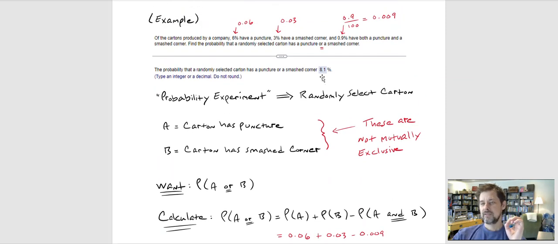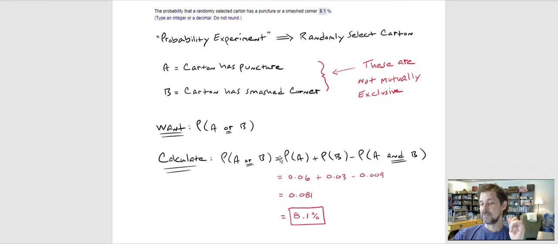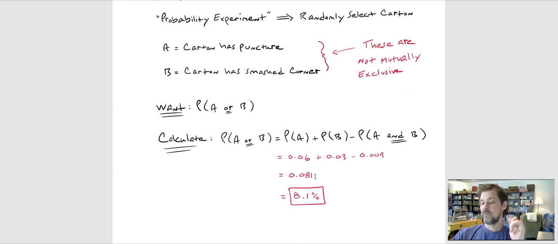But I notice on this question that when I put my answer in, it says percent right there. It's got the percent sign right after where I put my answer. So 0.081, well that's 8.1%. Converting the decimal back to the percent, I move the decimal point right 2 spaces.